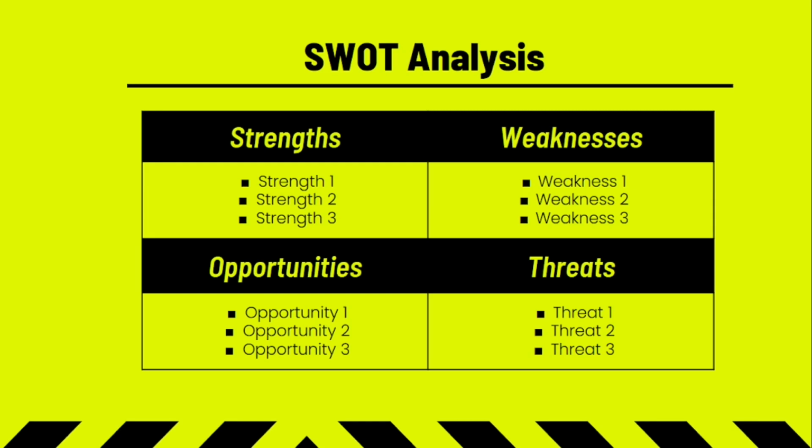What are strengths? Strengths are advantages of your company compared to other companies in the market. So let's say that you own a drugstore in front of a hospital. Your company is located in front of a hospital. So we could say that the place where your drugstore is located is a strength for your company.